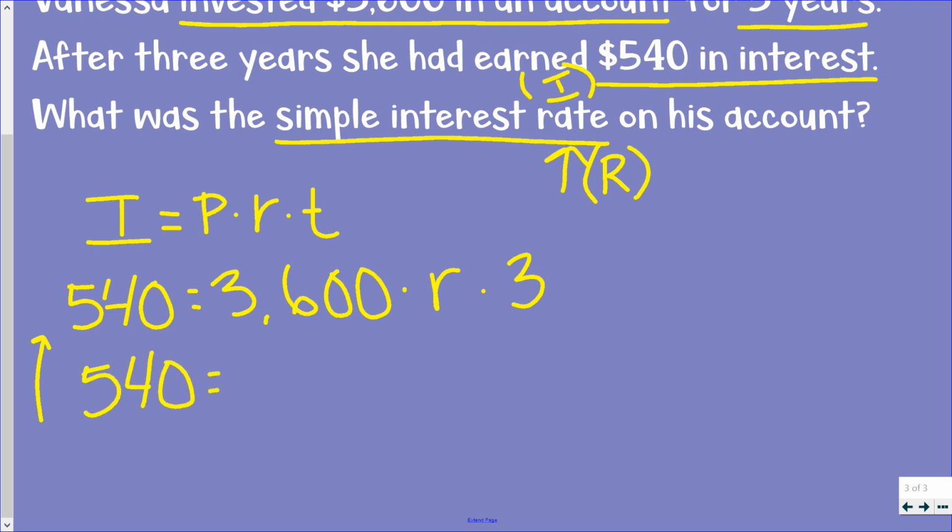540 equals, well, we're trying to multiply, put like things together. So we're going to put these two together. 3,600 times 3 is 10,800. Remember, we're trying to find R, so that will be there with our 10,800. So if you multiply all three together, that's what you're going to get.